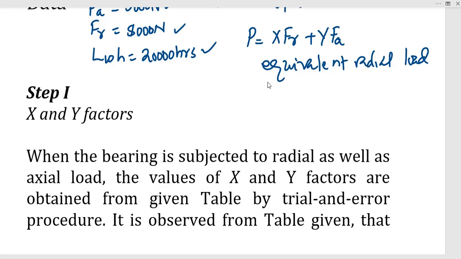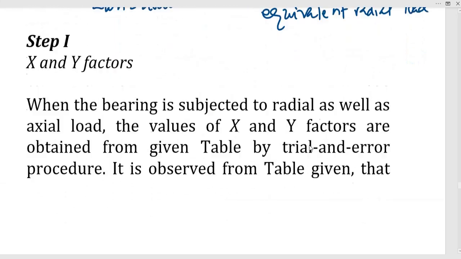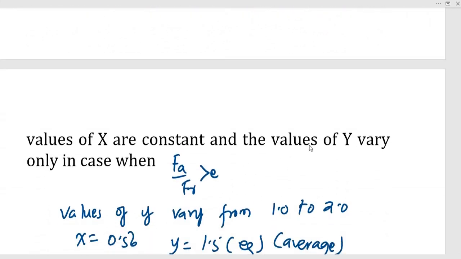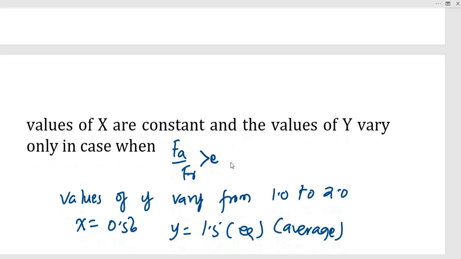The equivalent radial load is a combination of the radial force and the axial force, which we determine based on the factors X and Y. These X and Y are always provided in the table, and can be decided by trial and error when FA divided by FR is greater than E.